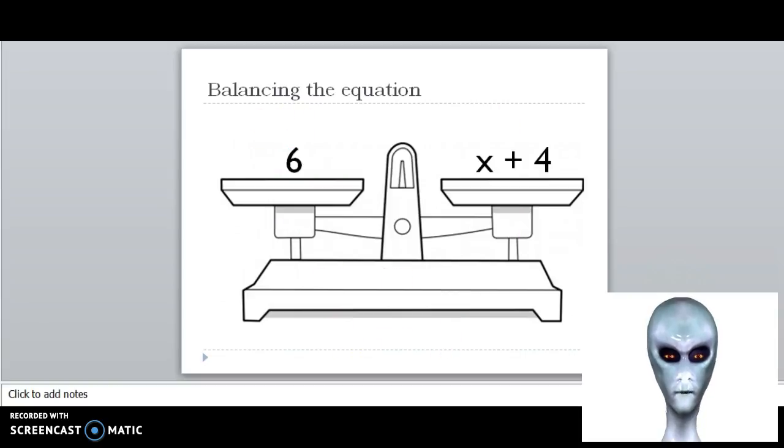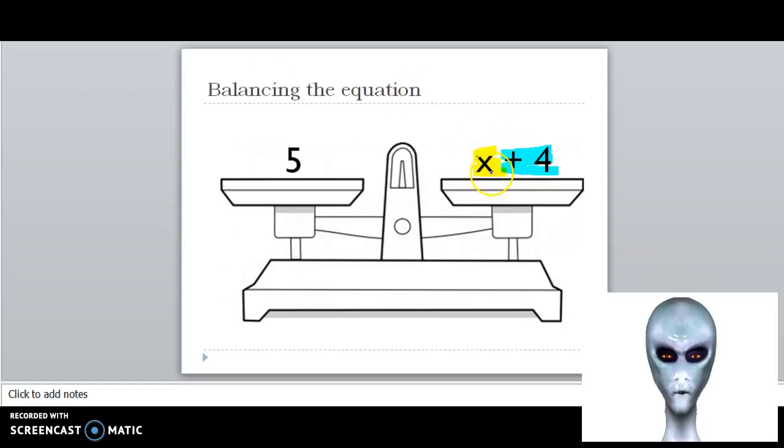Let's look at this example here. Actually, this one here. I have 5 on this side. I'm going to highlight my x term and highlight what's being added to that term.